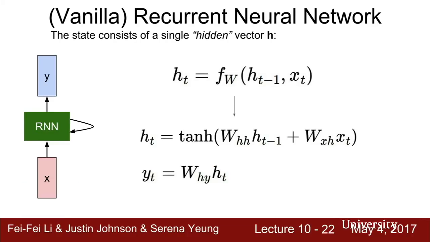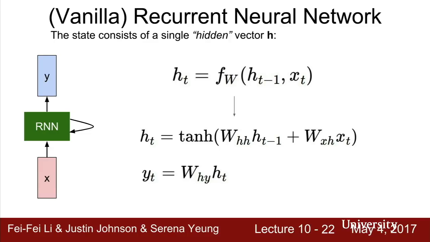The simplest functional form you can imagine is what we call the vanilla recurrent neural network. Here we have the same functional form from the previous slide: we take in our previous hidden state and our current input, and we need to produce the next hidden state. The simplest thing is to have a weight matrix W_xh that we multiply against the input x_t, and another weight matrix W_hh that we multiply against the previous hidden state. We make these two multiplications, add them together, and squash them through a tanh, so we get some nonlinearity in the system.